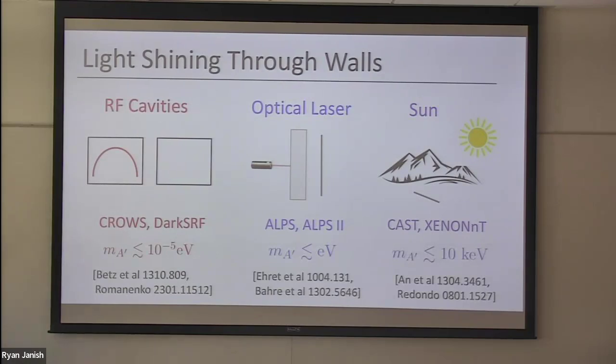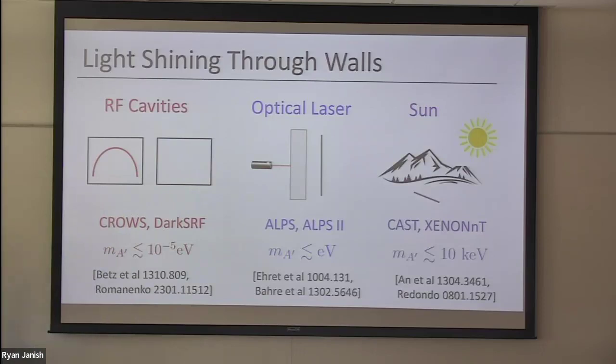There are three main categories. We can classify the existing and future experiments based on the source of the photons being used. First, you have experiments in the radio, where my source is some resonant cavity that I've pumped full of radio photons, and I'm looking for these photons to mix and travel over and mix back and populate some other cavity that would normally be empty.